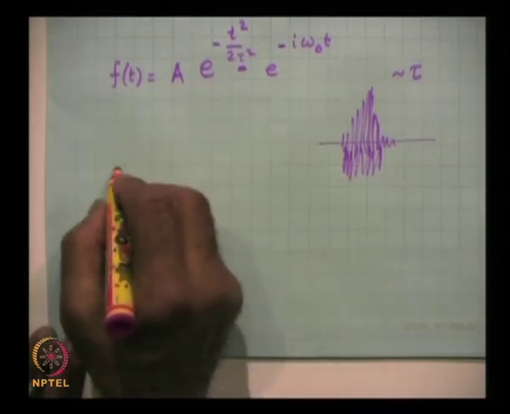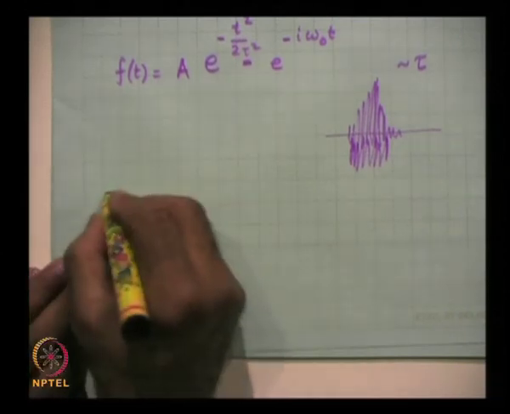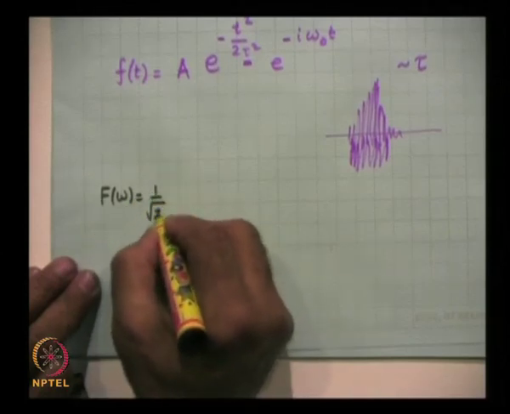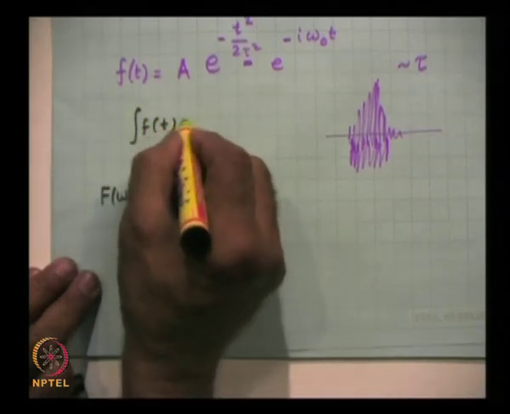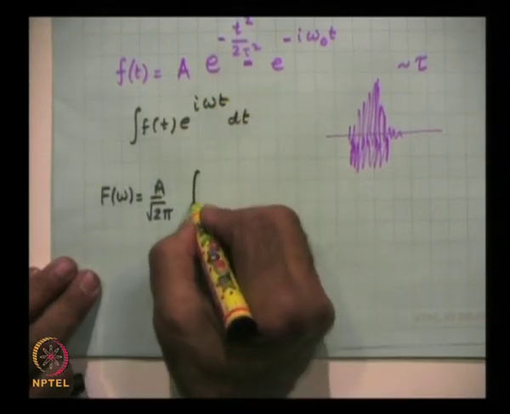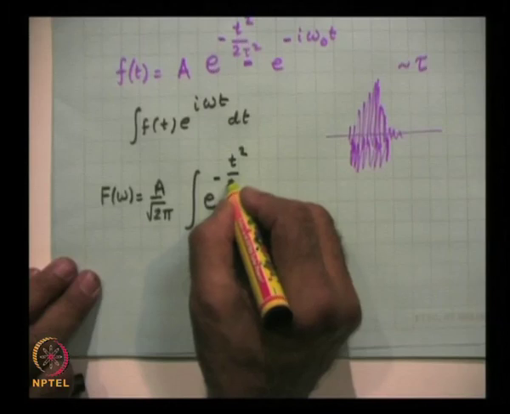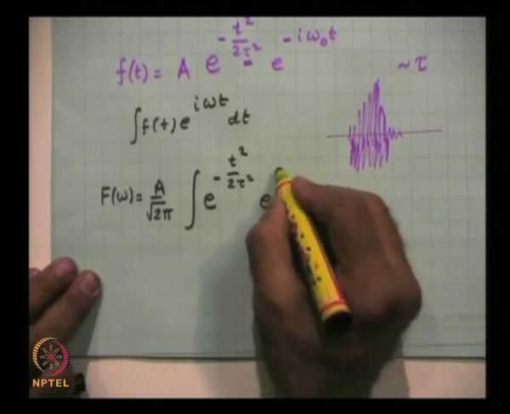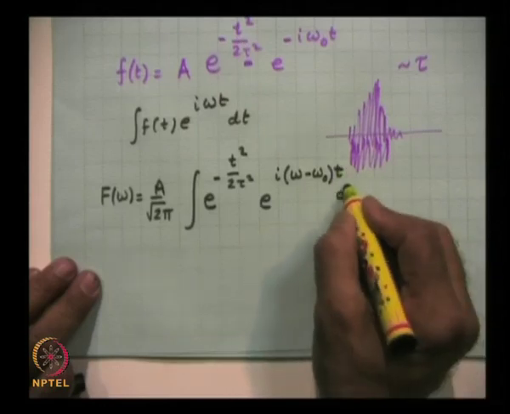So, let me calculate its Fourier transform. The Fourier transform f of omega will be equal to 1 over root 2 pi, a I can take outside, integral f of t e to the power of i omega t dt. So, I will write it down, please do this carefully: integral of e to the power of minus t square by 2 tau square, and then e to the power of i (omega minus omega 0) multiplied by t, times dt.